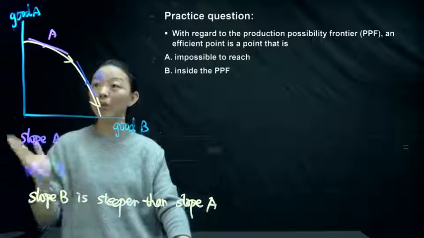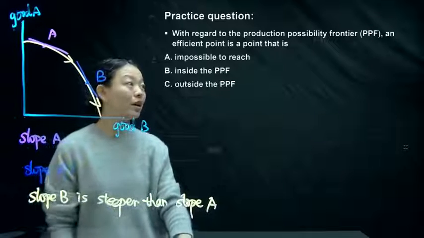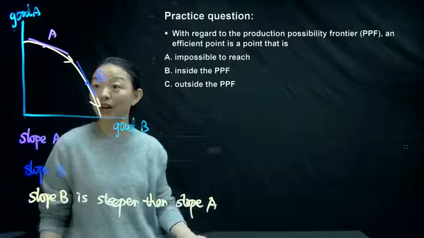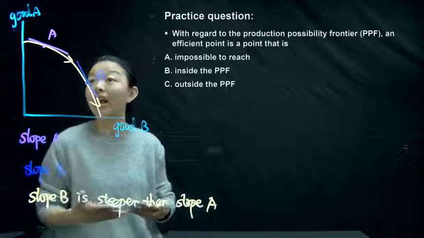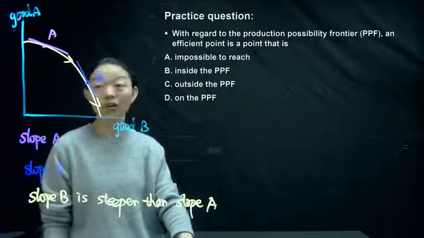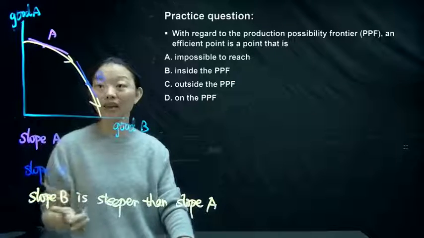So any point inside the PPF is inefficient. Any point outside the PPF is very good, however for the current economic situation, it's unable to produce. So only option D, on the PPF, is possible and efficient.